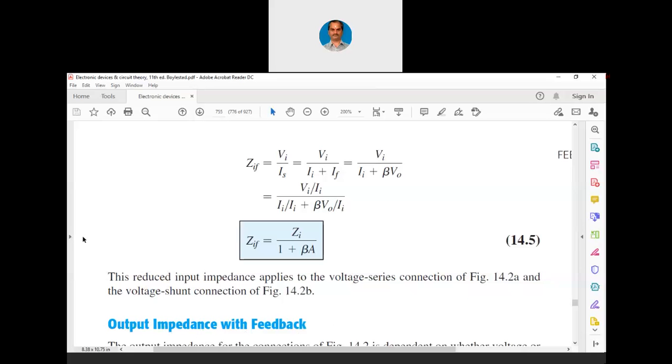It will be reduced in 2 cases, but it will be increased in the other 2 cases of the feedback. We will see that tomorrow. Later on, let me tabulate the whole outcomes of these 4 feedback connection types. Then you will get a complete picture of how these feedback connections are going to be useful in our electronic applications.